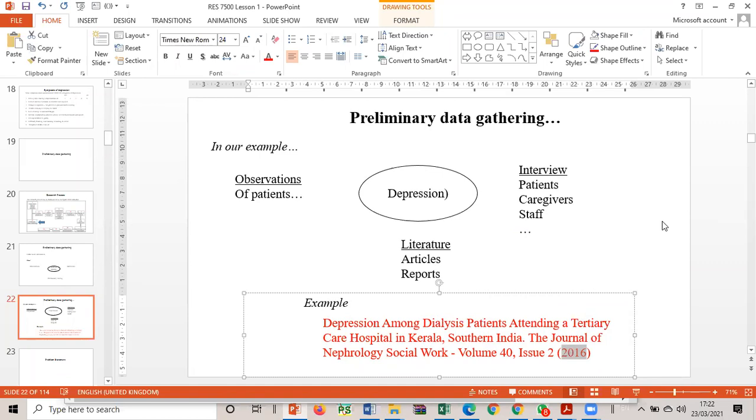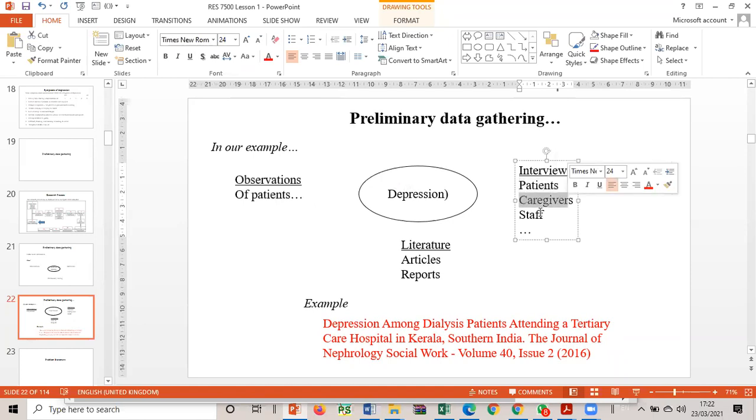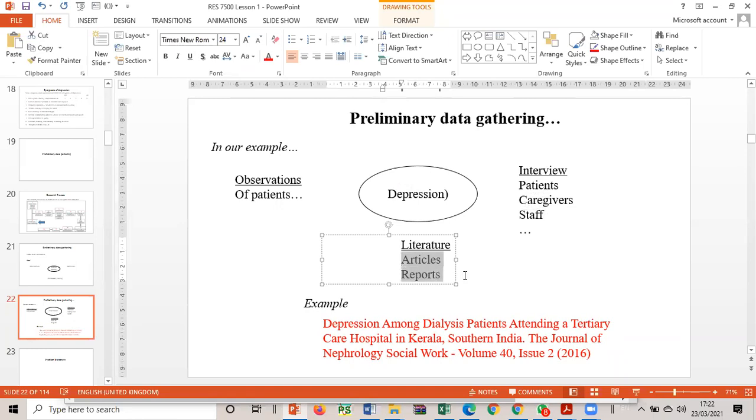So now back to yours, employee resilience. Observations: whom do you observe? You observe the workers, the late hour workers, whatever it is. Interview the workers, interview the management, and literature: read recently published articles.